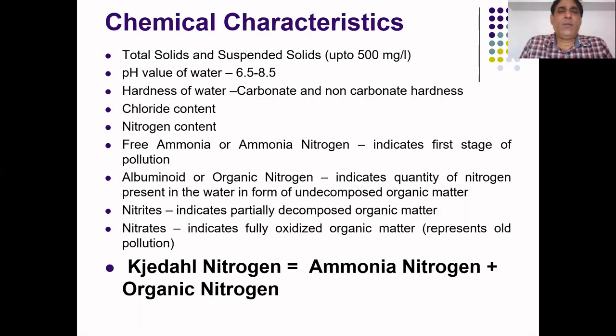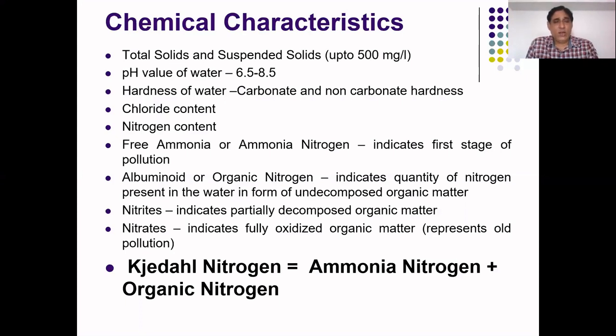Now the weight of the filter paper is B. So the suspended solids would be B minus A. And the dissolved solids plus suspended solids will give you the value of total solids. For total solids, the permissible limit is up to 500 milligrams per liter. However, it may go up to 1000 milligrams per liter also, but the desirable limit is 500 milligrams per liter.